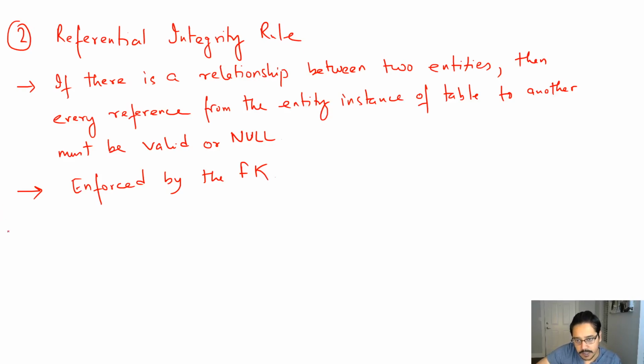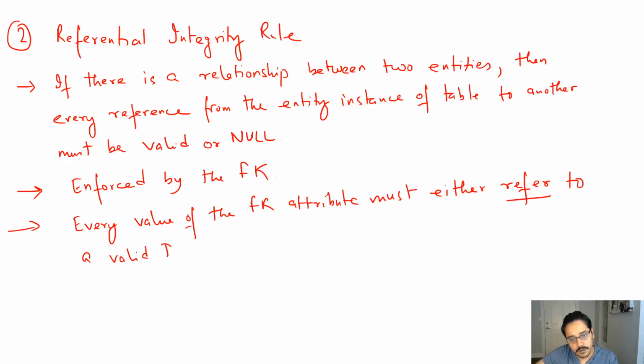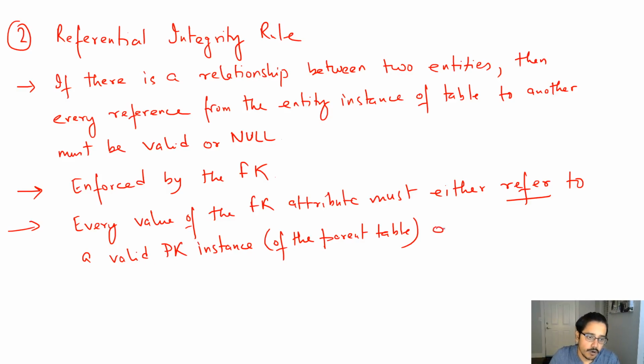So if I want to rephrase this definition, every value of the foreign key attribute must either refer to a valid primary key instance of the parent table, because the foreign key is a primary key of another table, or it should be null.